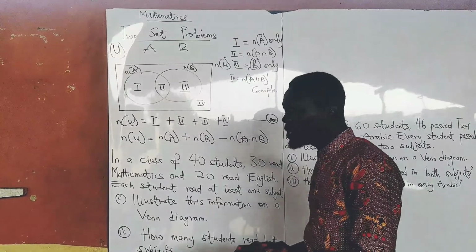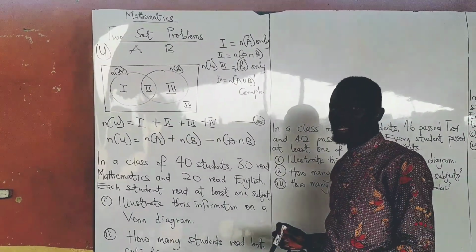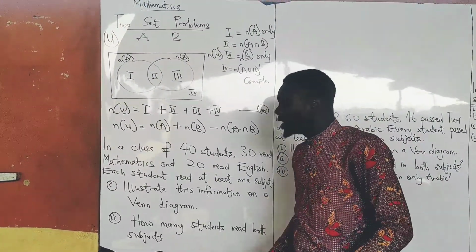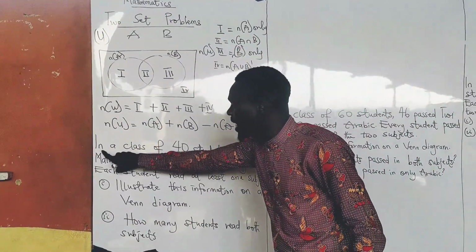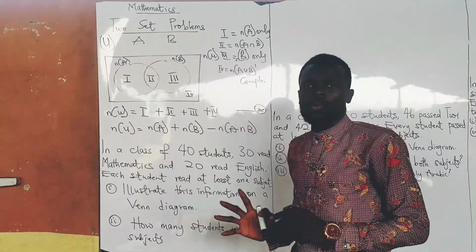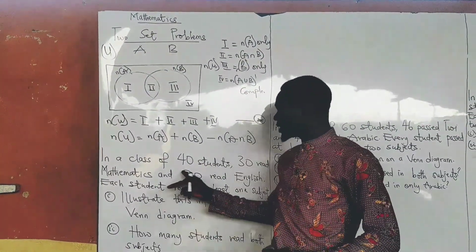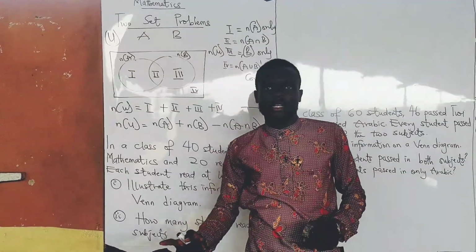So to answer a question like this, first write the data and ask yourself, what two subjects have they mentioned there? They've mentioned mathematics and English. And when we started, they said in a class of, which means the total number of students in the class is 40 from the question. So in terms of the universal set, it is 40.